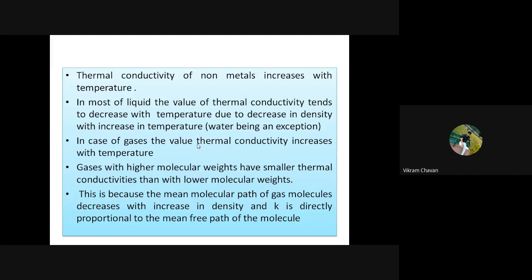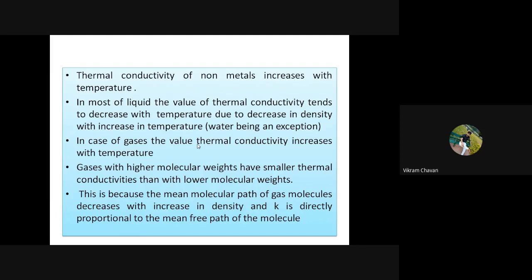Mean is also called average. So mean molecular path means the average distance traveled by a molecule between two succeeding collisions. The average of all such paths is called the mean molecular path.